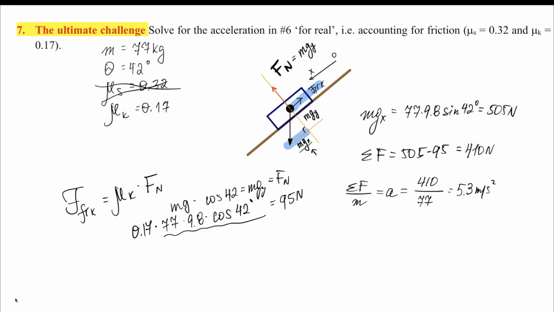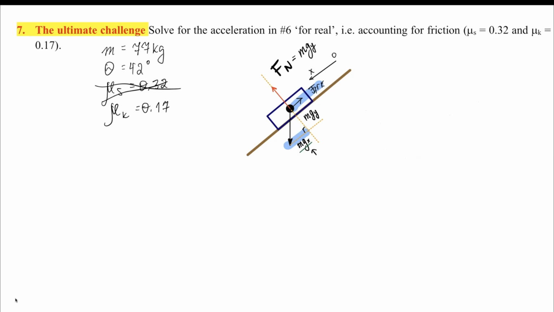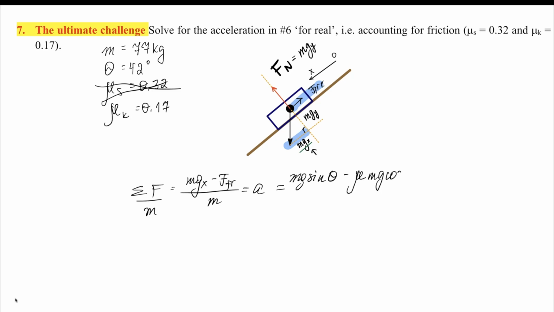I'm going to show you how we could have calculated it without involving the mass. Net force equals mgx minus force of friction, and dividing by mass will give me acceleration. mgx is mg sine of theta, where theta is the angle of the incline, minus mu mg cosine of theta, all of that divided by mass.